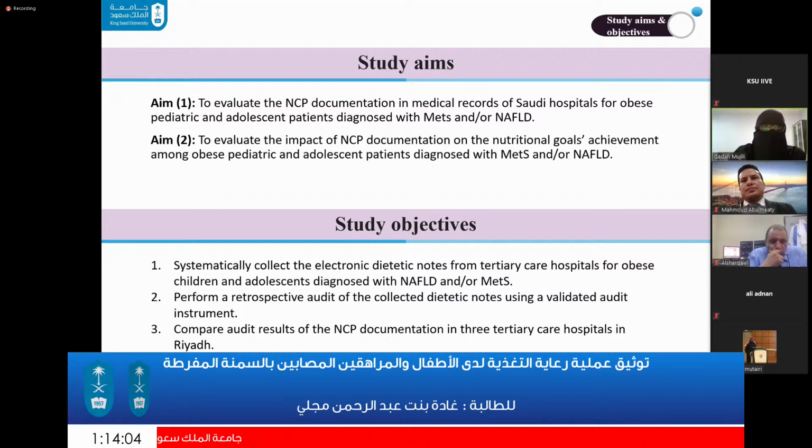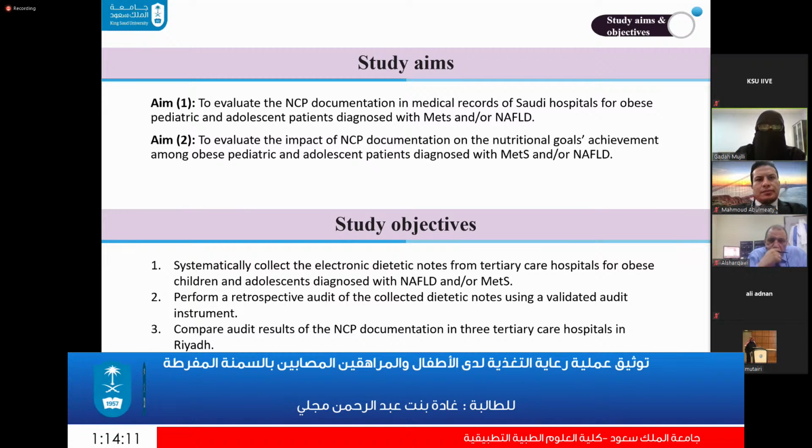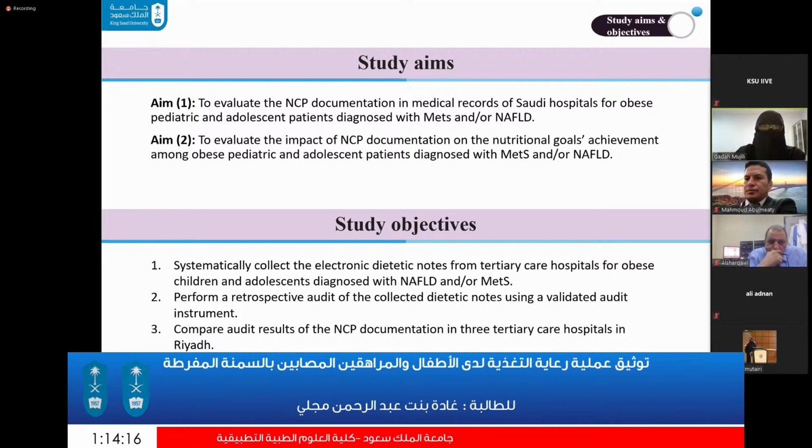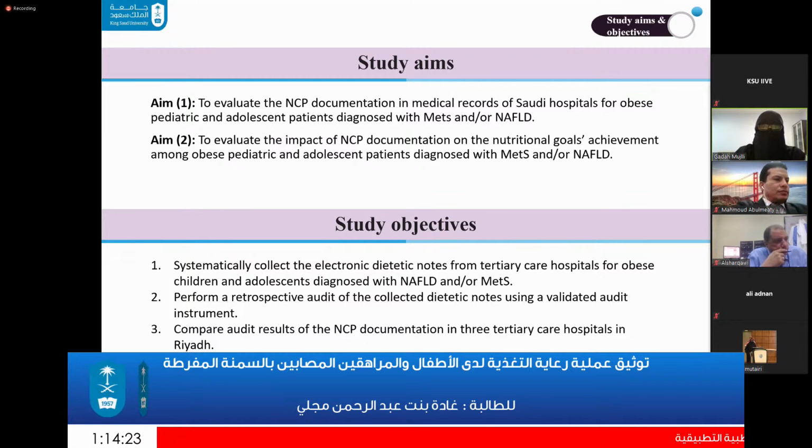The study objectives were to systematically collect the electronic dietetic notes from tertiary care hospitals for obese children and adolescents diagnosed with NAFLD and/or metabolic syndrome, perform a retrospective audit of the collected dietetic notes using a validated audit instrument, compare audit results of the NCP documentation in 3 tertiary care hospitals in Riyadh, and finally document the progress of nutritional goals achievement parameters from the electronic medical records for obese pediatric and adolescent patients diagnosed with NAFLD or metabolic syndrome.